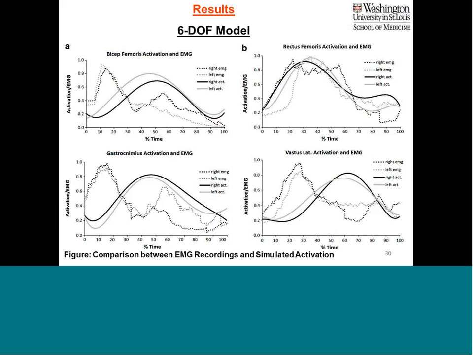So in the final part of my dissertation, I worked on a 6 degree of freedom model. The model that I have been showing you so far was actually the 3 degree of freedom model with only the 3 rotational degrees of freedom. I finally worked on a 6 degree of freedom model with 3 rotational degrees and 3 translational degrees.